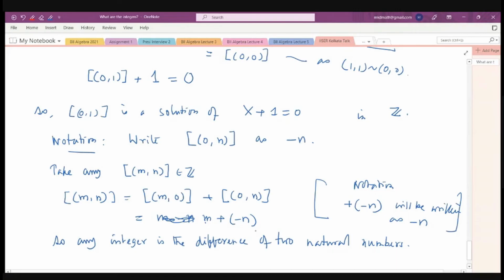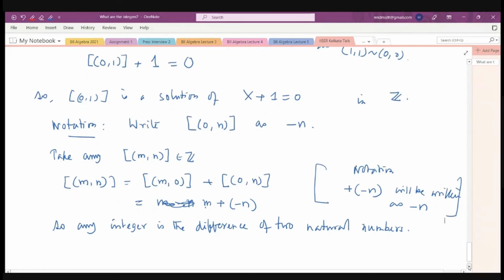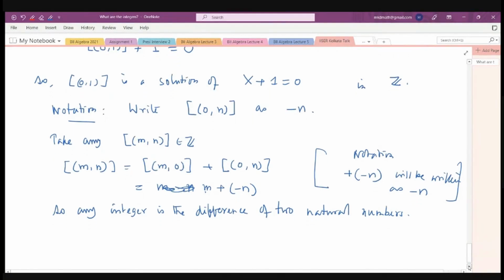That's a very good observation. But now you see that we are trying to simplify things. So I'll simplify this notation by writing it as minus n. I was very formal at the beginning, but now I am trying to be a bit informal. So this was the construction of integers.